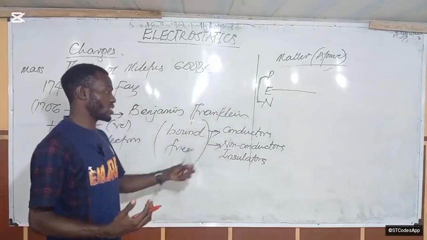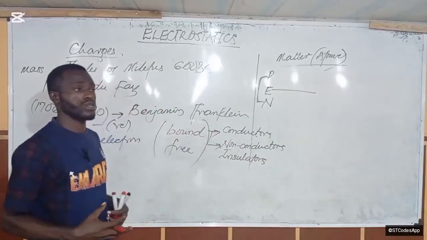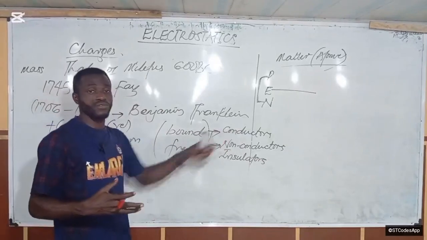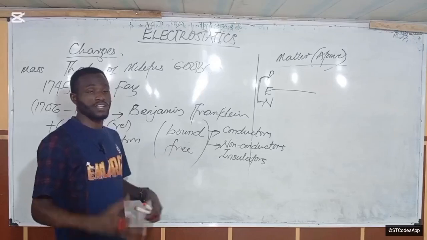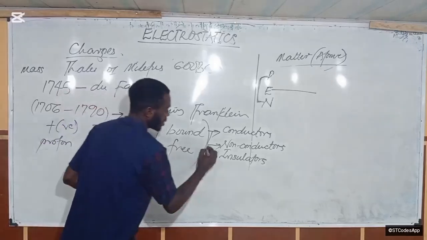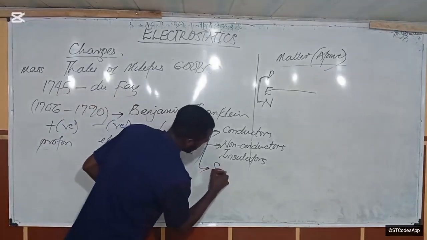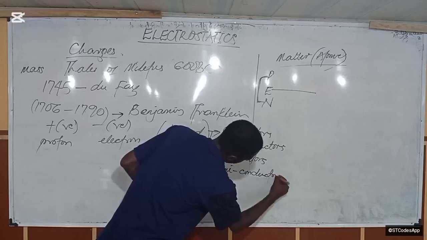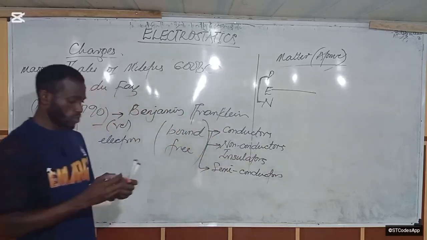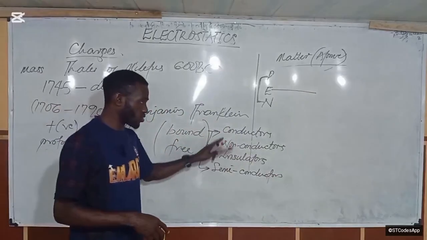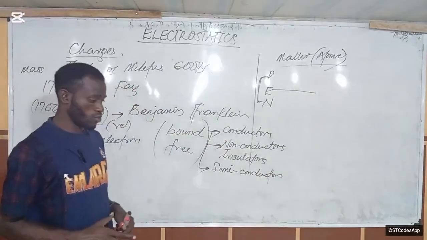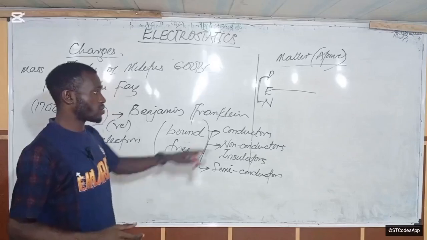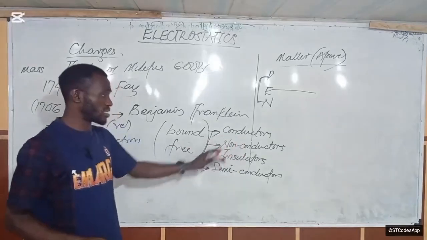Insulators, named because they were able to insulate us against the powerful amount of charges that some bodies conduct. Then the third are the semiconductors. Semiconductors stand in between the conductors and the non-conductors in their property. All right, so by the time I re-explain this, you are going to understand it very well.